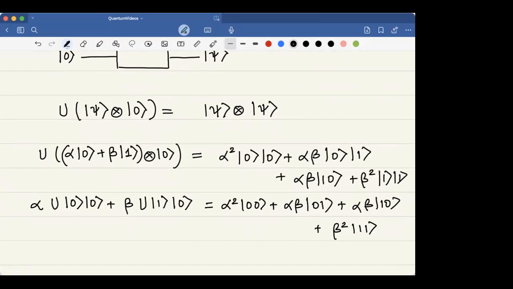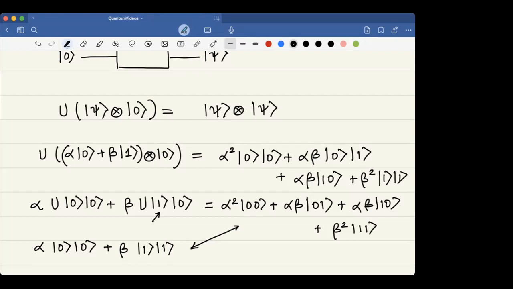Since this is a cloning circuit, it should clone in particular the zero state and the one state also. So on the left-hand side, we get alpha times 00 plus beta times 11, since each qubit gets cloned. So we have the left-hand side equal to the right-hand side, but this is not possible since there are no cross terms on the left-hand side.